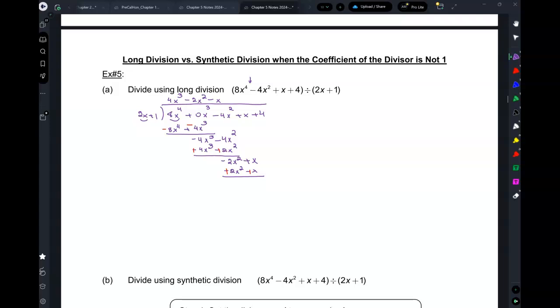So, right? Oh, no, I got 2x. Oh, my gosh. Plus 4. So what do I get? 2x divided by 2x plus 1. 2x plus 1. Change the signs. Positive 3.